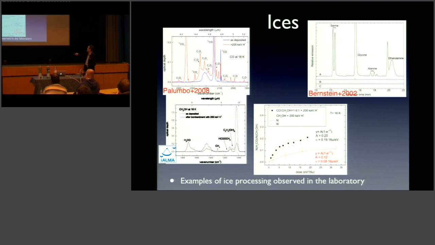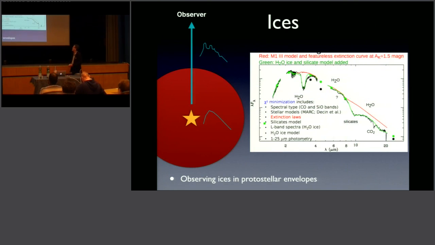And you see that as time passes, so as you increase the dose of radiation onto this object, you form more and more formaldehyde at the expense of methanol to some extent. So a measurement of the abundance of these molecules in the interstellar ices can tell you how much the grain was processed, and this can be checked observationally if you do things properly. We will get to that a second time.